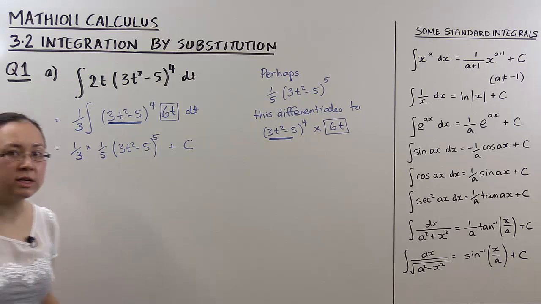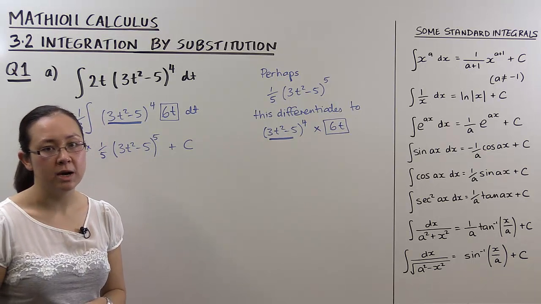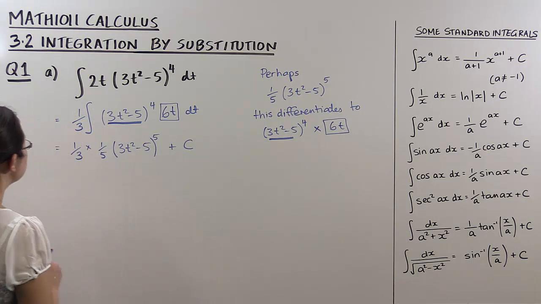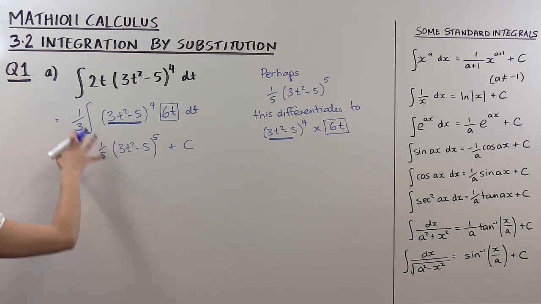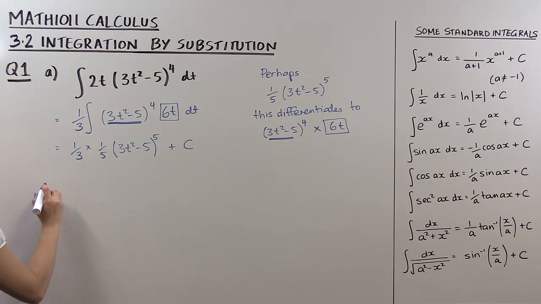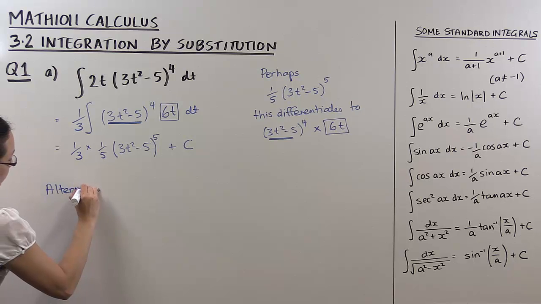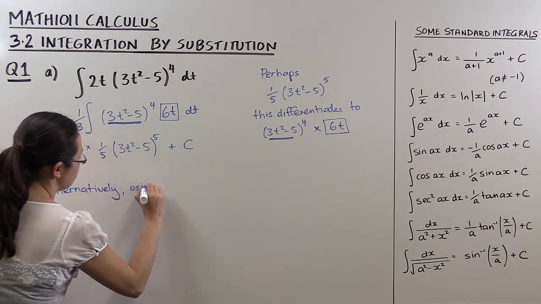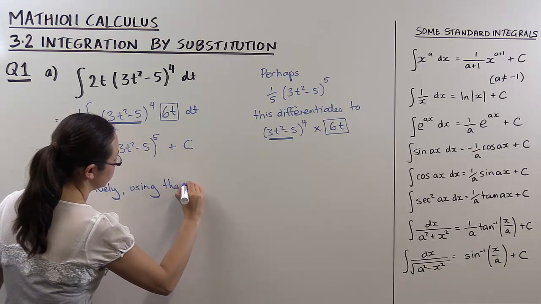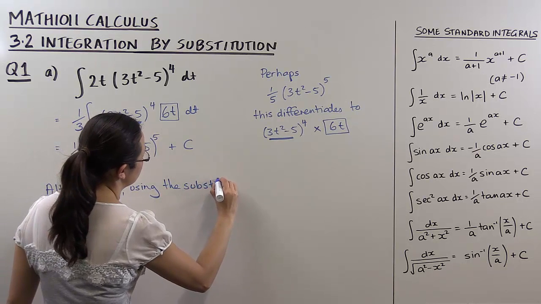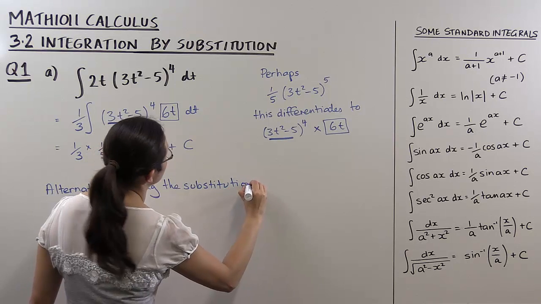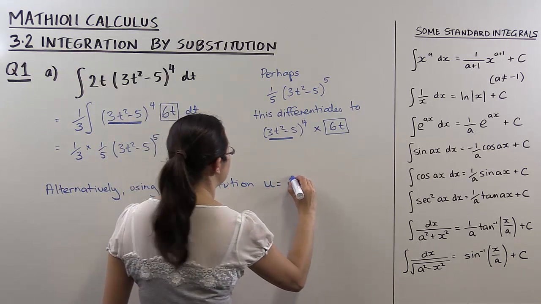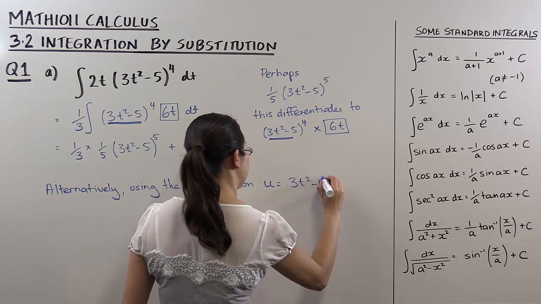We can more formally do that using integration by substitution. So it's the same idea, but we use a substitution to make the integral look simpler. So alternatively, using the substitution u equals 3t squared minus 5.